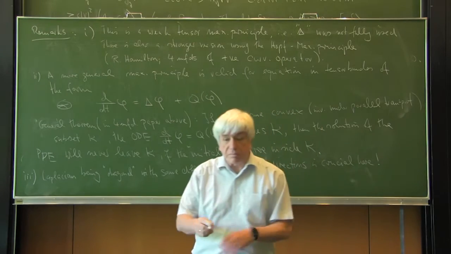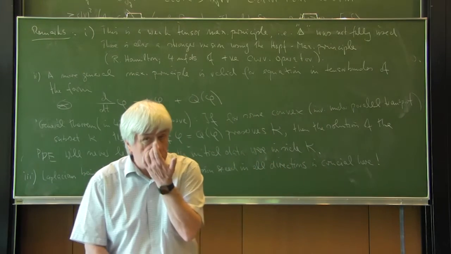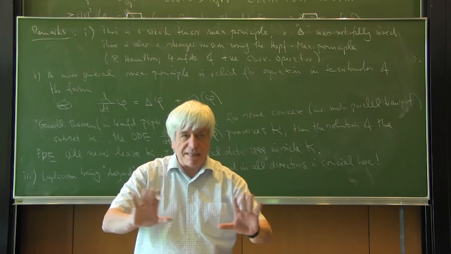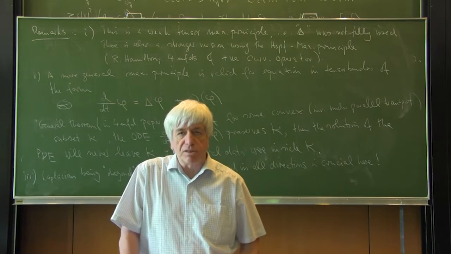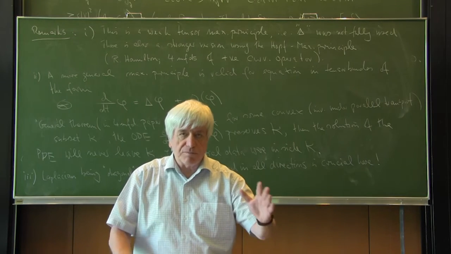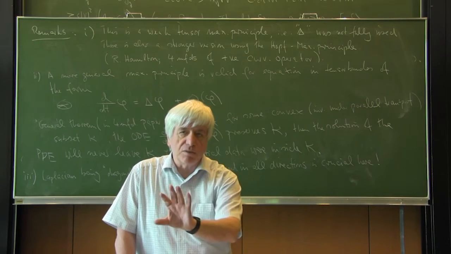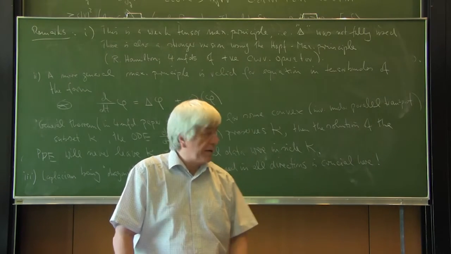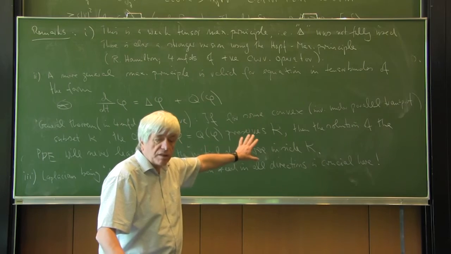It's well known in chemistry, in the theory of reaction diffusion equations, that if you have two components mixing, giving you a reaction diffusion system, and one has a faster diffusion speed than the other component, then you don't have such a general principle where all convex sets are preserved.